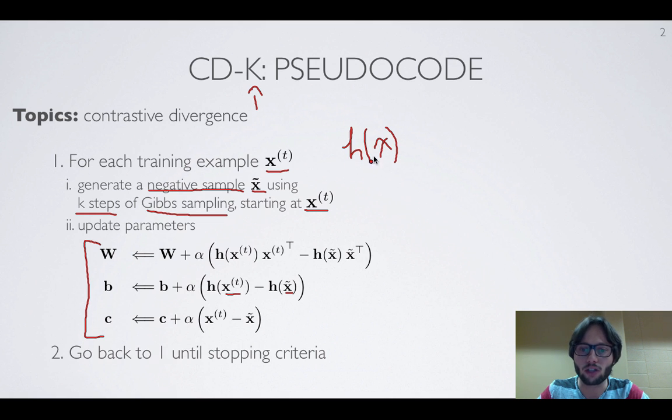So h of x is the vector of hidden unit probabilities, and what we could do is train a restricted Boltzmann machine on some unlabeled data, and then we could change our data set, so that instead of representing it by the x vector, we represent it as the h of x vector, and then use that representation to train, say, a classifier.